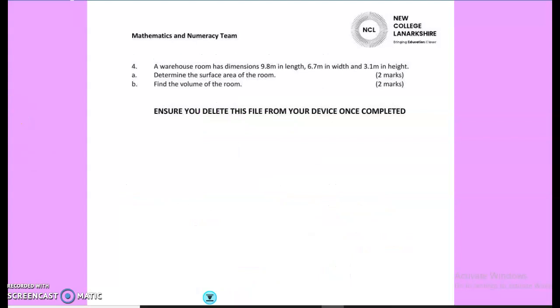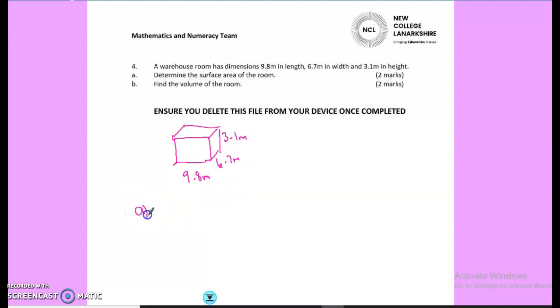Last question then, number 4. A warehouse room has dimensions 9.8, 6.7 and 3.1. So if you imagine the room, it's a cuboid. Excuse my bad drawing. So it's got a length of 9.8 metres, a width of 6.7 metres and a height of 3.1 metres.